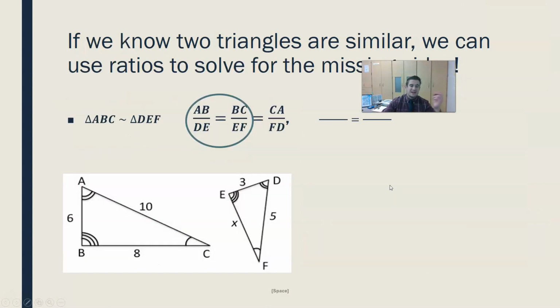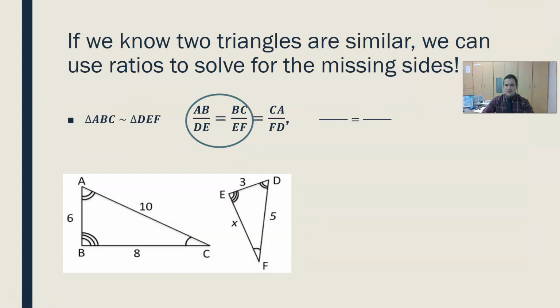That's pretty cool, and that's basically what we're going to be doing today. If we know two triangles are similar, we can use ratios to solve for the missing sides. For example, I have triangle ABC and triangle DEF, and I'm telling you that they are similar. Reminder that that's what this little squiggly sign means. It means all their corresponding angles are congruent, and their corresponding sides are proportional, meaning the fractions of their corresponding sides are equal to each other.